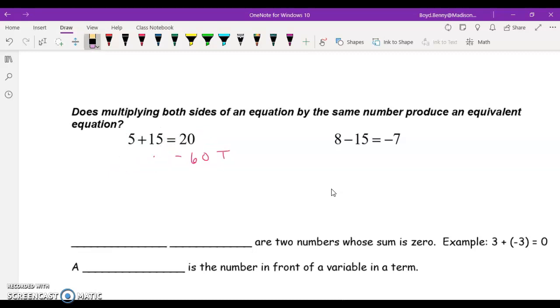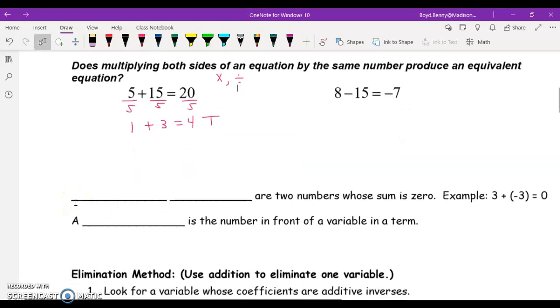Is that going to give us a true statement? If I divide every term by 5, that would give me 1 plus 3 equals 4. That again is a true statement. So here we've seen also that if we multiply or divide both sides by a common number, we can produce an equivalent equation, or another equation that would still be true.